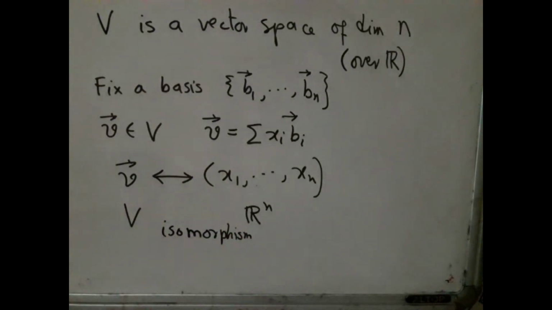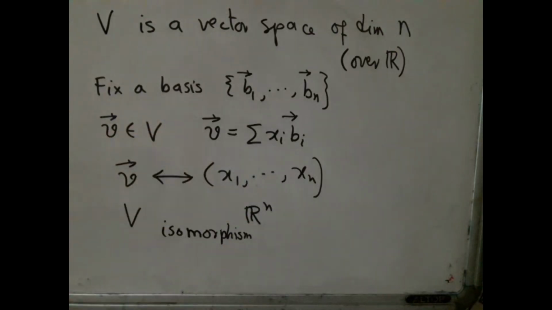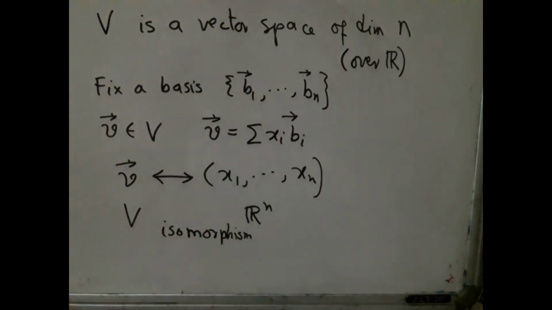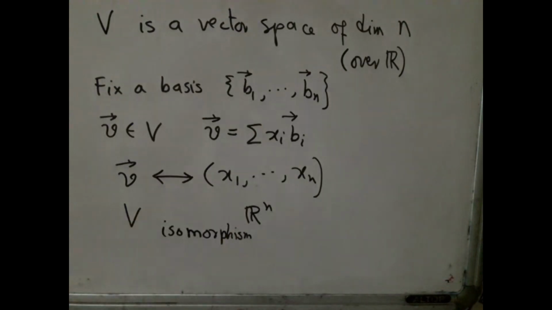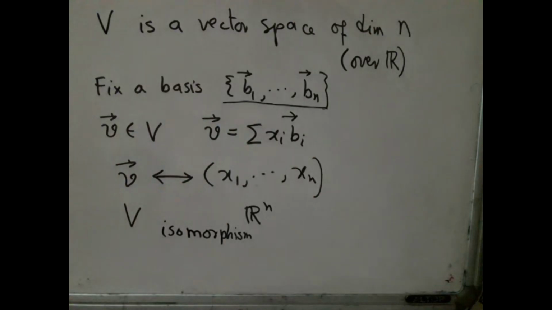So you can think of V as nothing but Rn. If I take two vectors and add them, their corresponding n-tuples get added up. If you take a vector and multiply it with say 5, then its corresponding n-tuple also gets multiplied by 5. So whenever you have a vector space of dimension n over R, it is effectively nothing but Rn, and to get this you have to fix some particular basis.